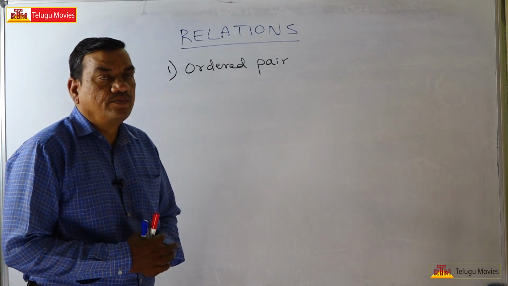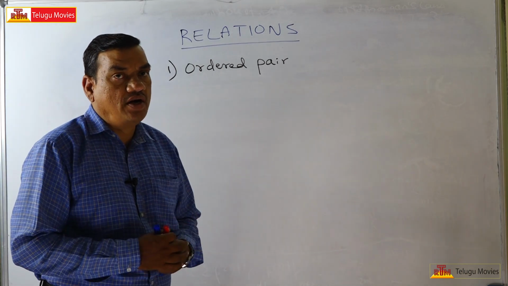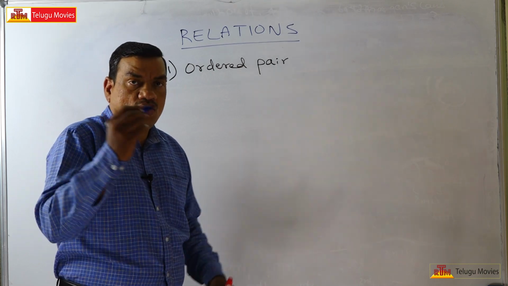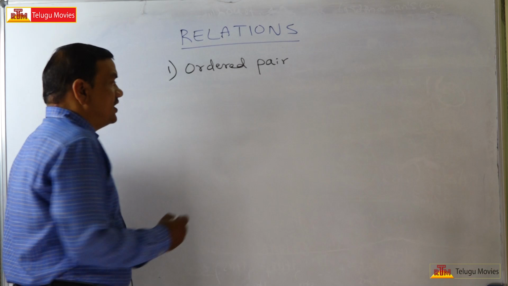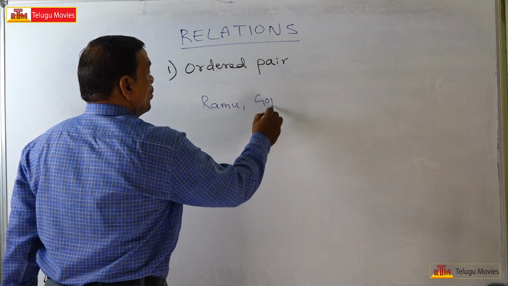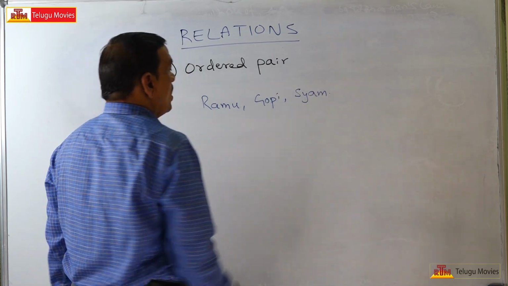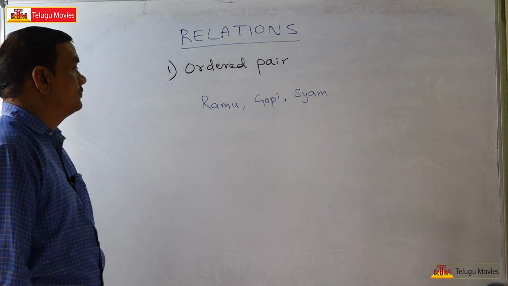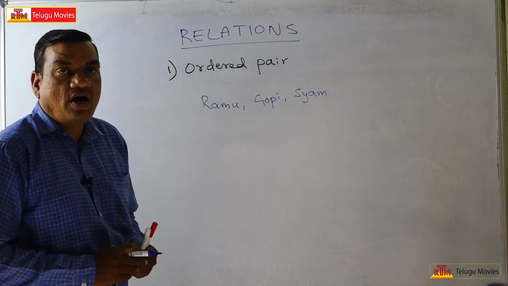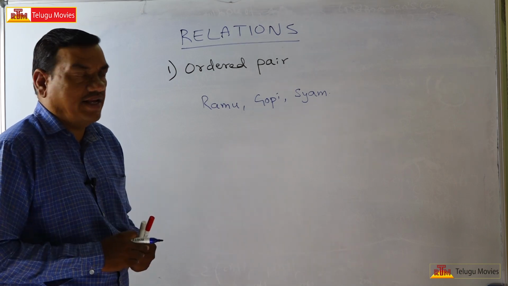Dear students, to make you understand what is an ordered pair, let me give an example. There are 3 students. Their names are Ramu, Gopi and Shyam. After school, they went to the ground and wanted to play a game, whatever they like.